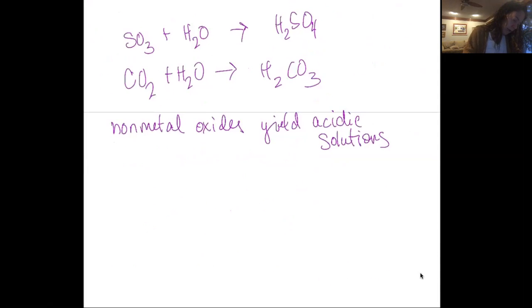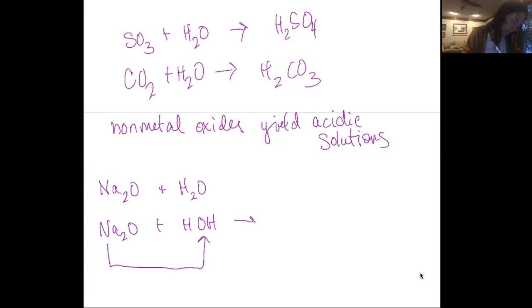right? Whereas metal oxides, let's see if I can do this without messing it up. Yeah, right? Don't look at it as H2O. Look at it as HOH, right? Well, he's going to go with him. I'm going to make my sodium hydroxide and H2O. All right. Okay.